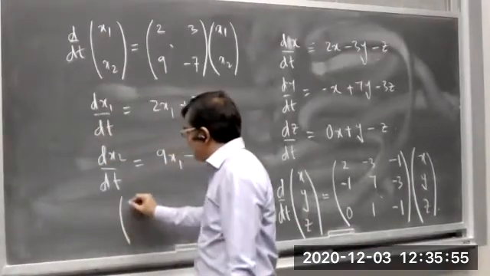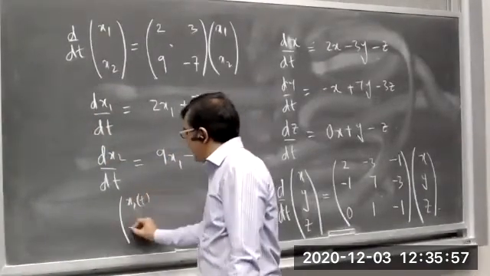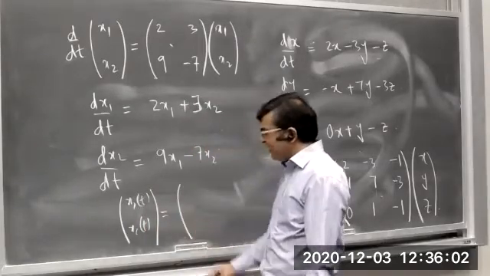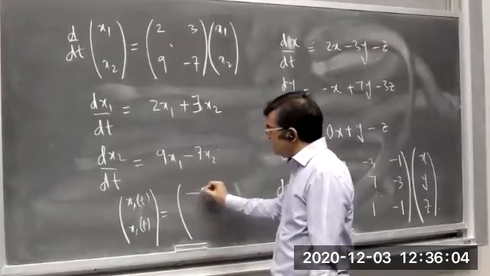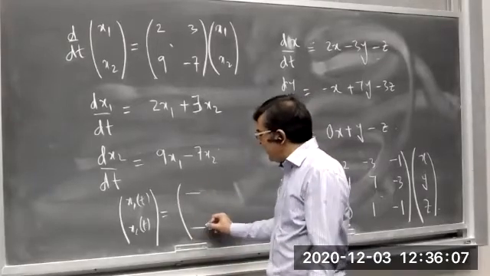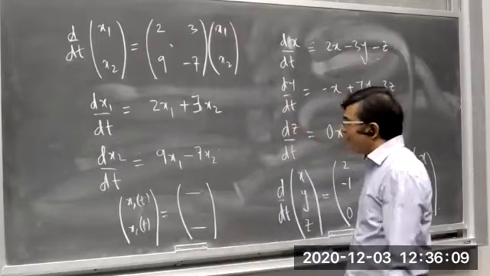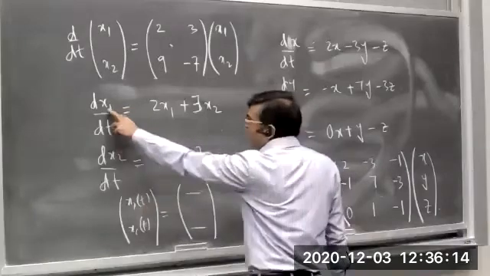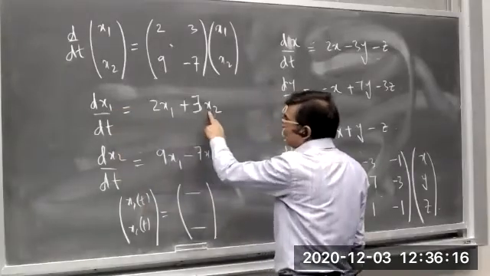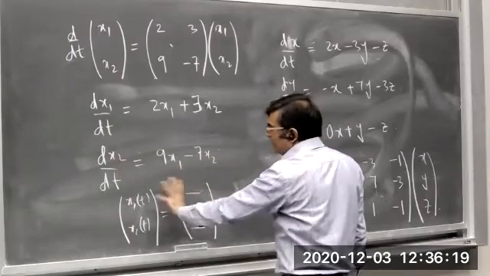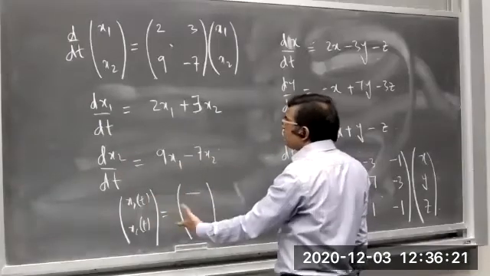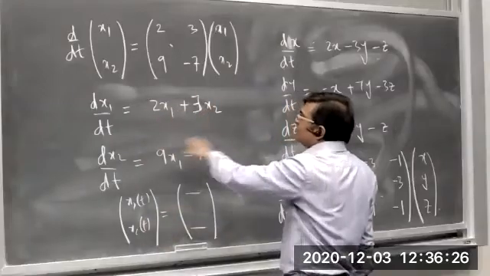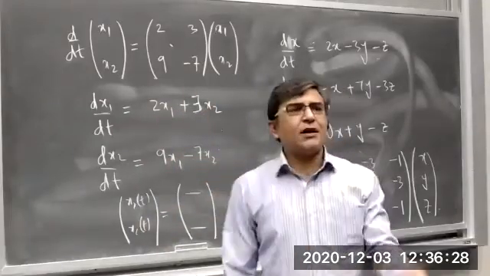The solution must be a vector (x1(t), x2(t)), and these should be functions of t, so that if we put x1 and x2 into this system, the system turns into an identity. Both sides become equal.